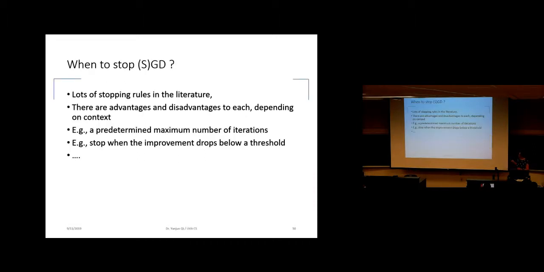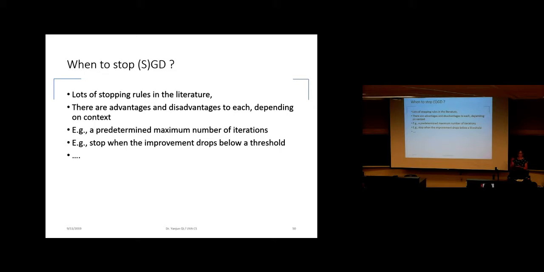Again, when do you stop? There are many different tricks or rules. In the homework, we just ask you to stop at a predefined number of epochs. That's not necessarily the best. There are a lot of other tricks.